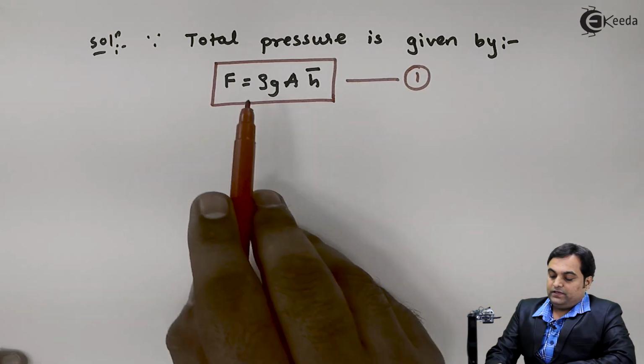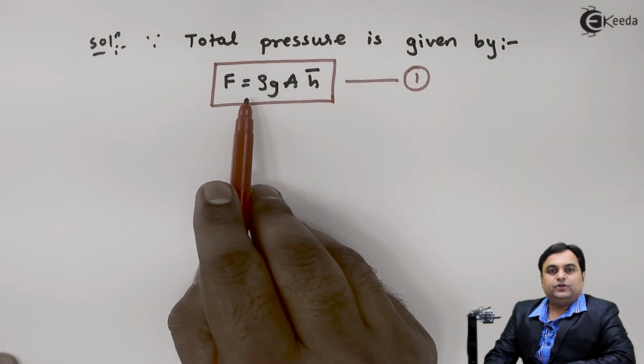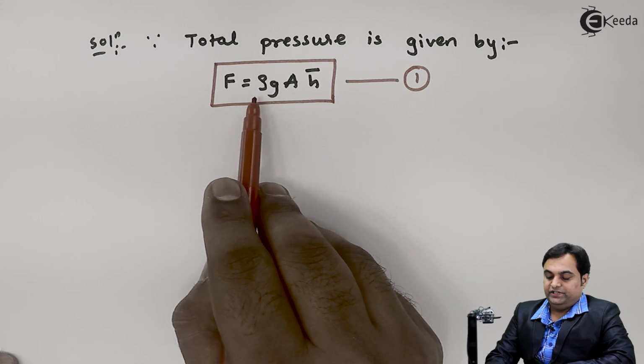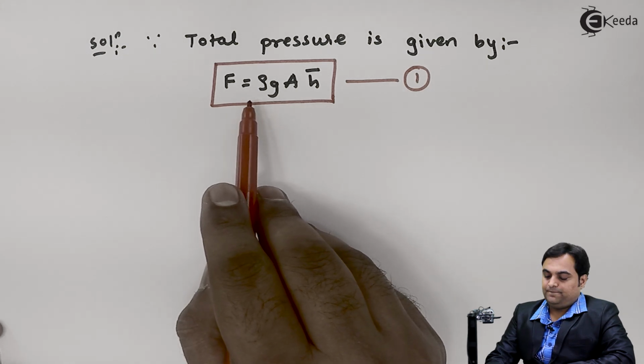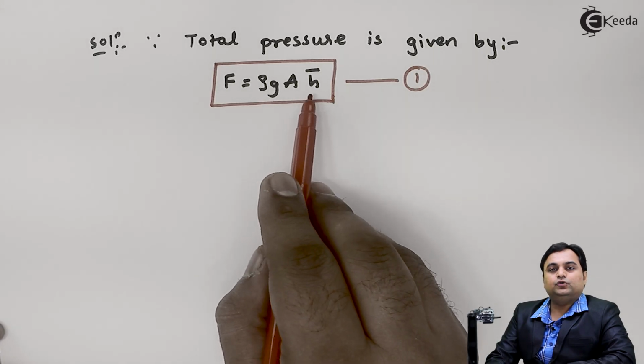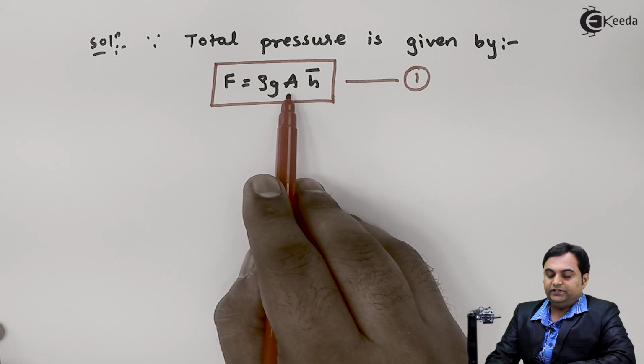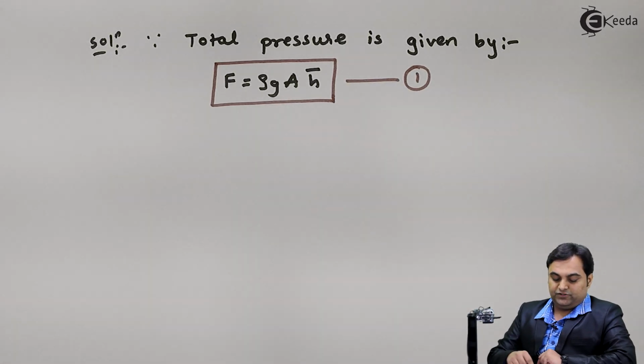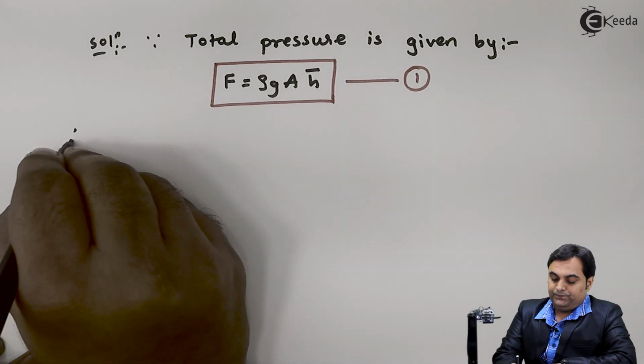Now, since the liquid given in the question is water, the density of water we know is 1000, g is 9.81, but area and H bar, these two values we don't have, so we need to calculate area and H bar.